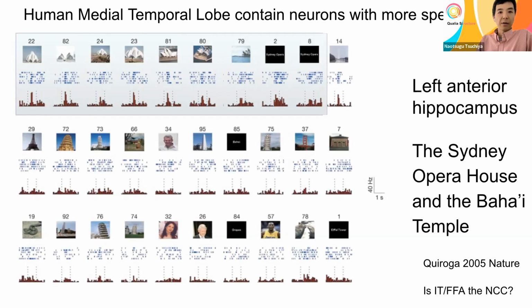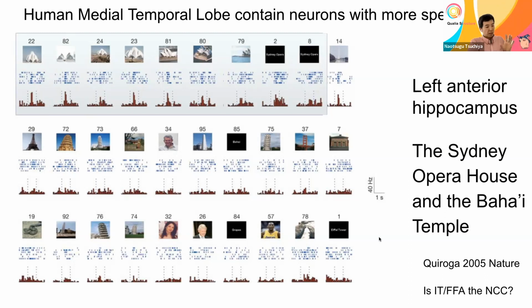So it's not a building category neuron, like an animal category neuron, right? And also, again, not a general response to other kinds of famous landmarks or famous people.